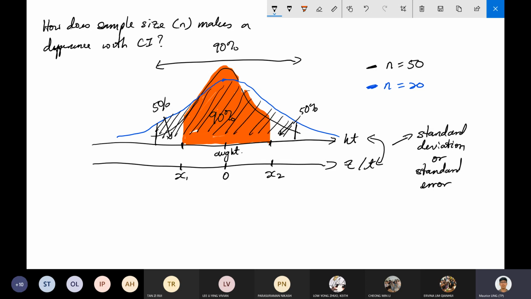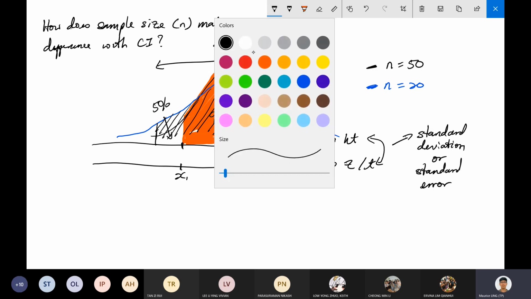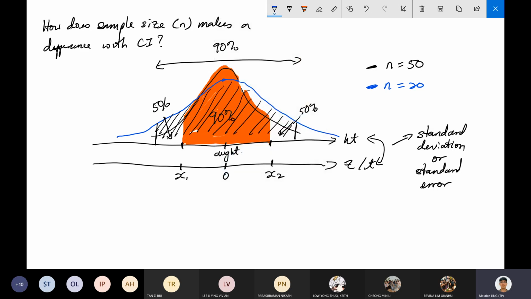And because of that, you realize that for the blue line, you need to have a wider confidence interval. That means the width must be wider.